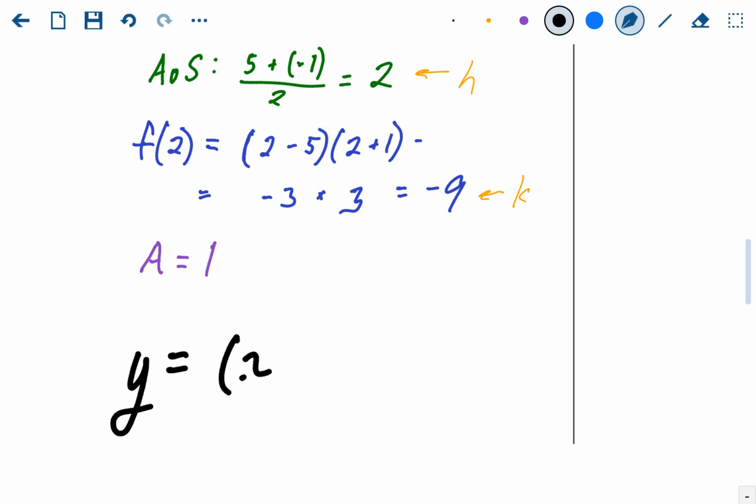X minus h, so x minus 2 squared, plus k. Now in this case, k is negative 9, so you can put plus negative 9, or you could put just minus 9. Minus 9 is a little more proper.